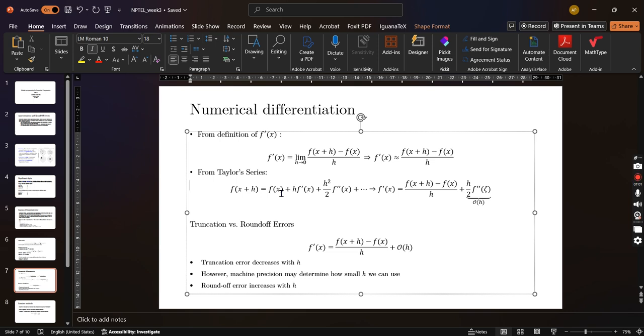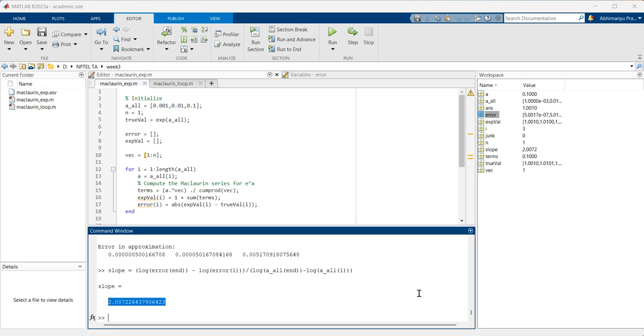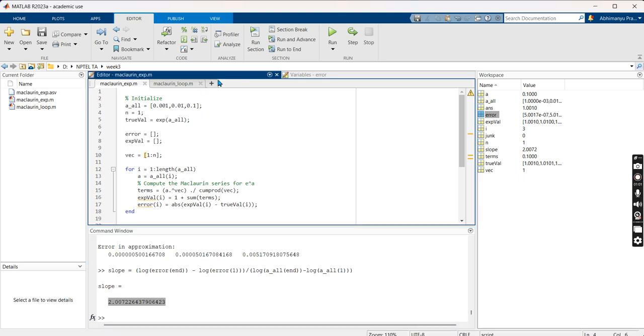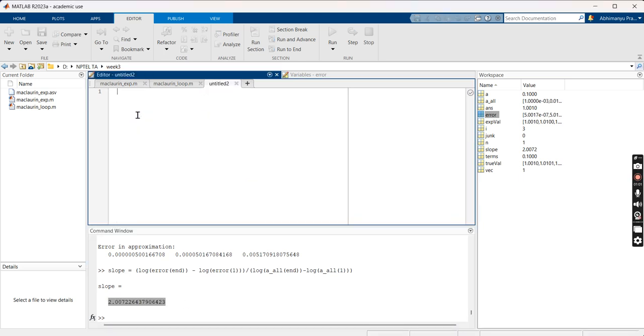Let us see an example for this also. I will create one more script. What was the example?